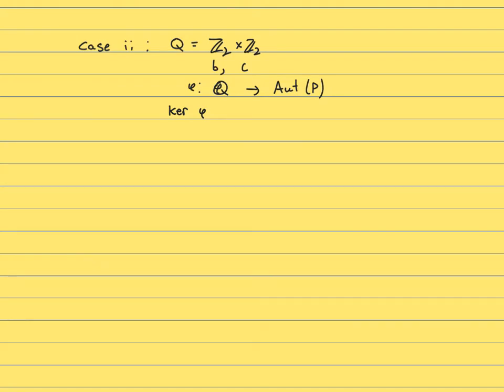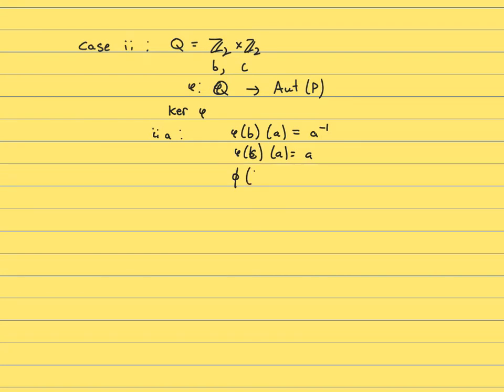Either you're going to have 3 possible homomorphisms or automorphisms. Either phi of B is going to act by sending A to A inverse and phi of C fixes A.